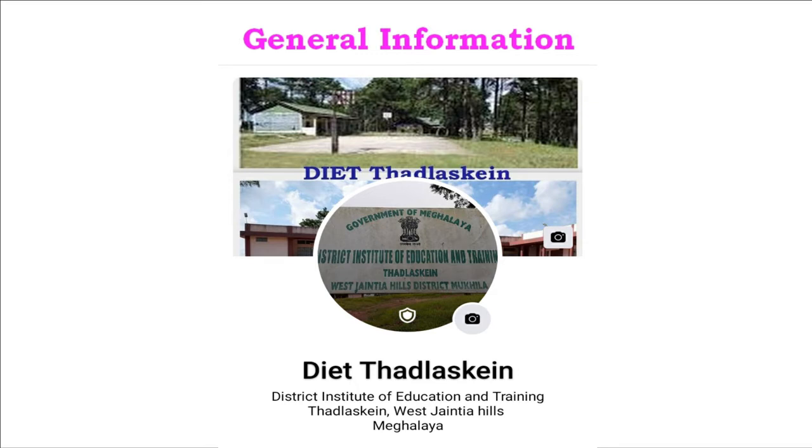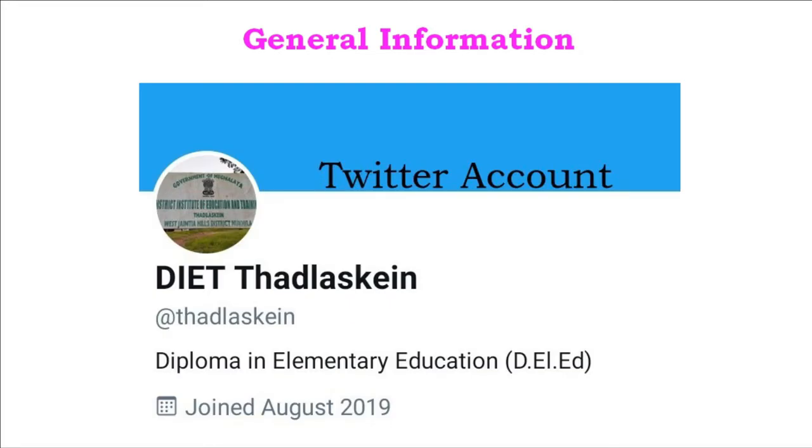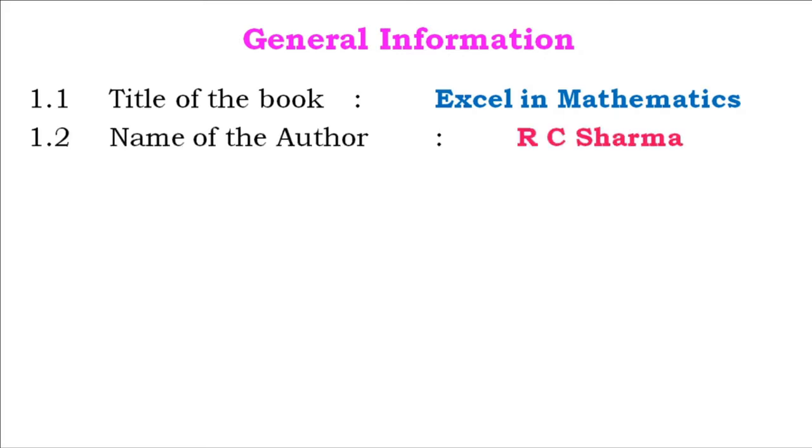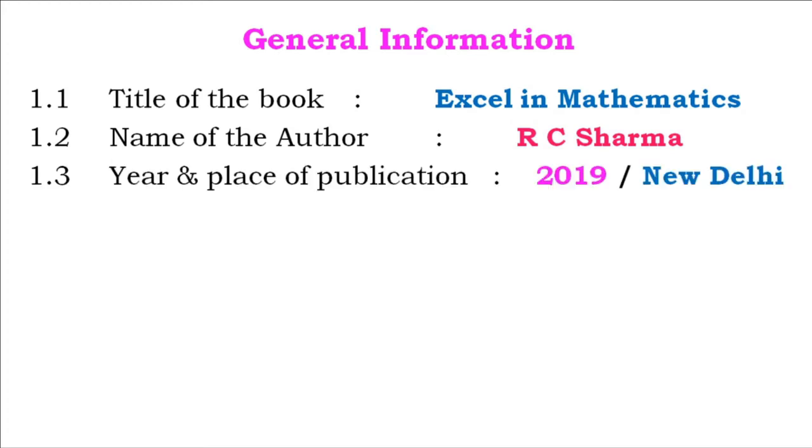Interns are expected to write down all this information when analyzing a textbook. Title of the book: Excel in Mathematics. Name of the author: R.C. Sharma. Year and place of publication: 2019, New Delhi.